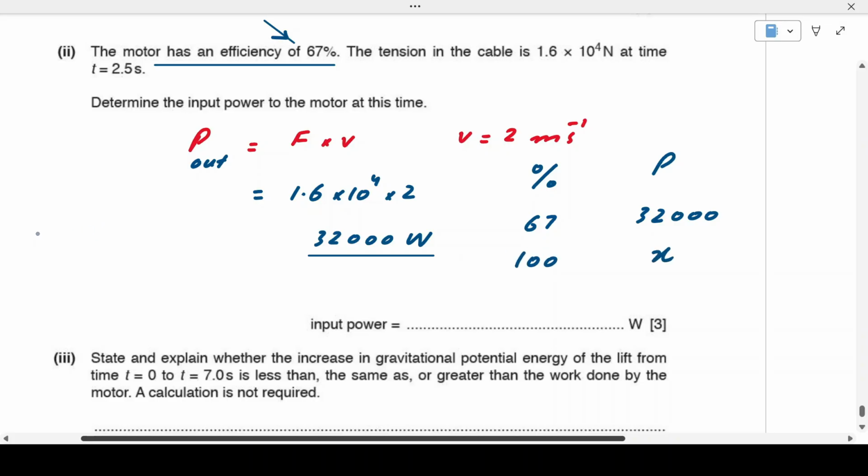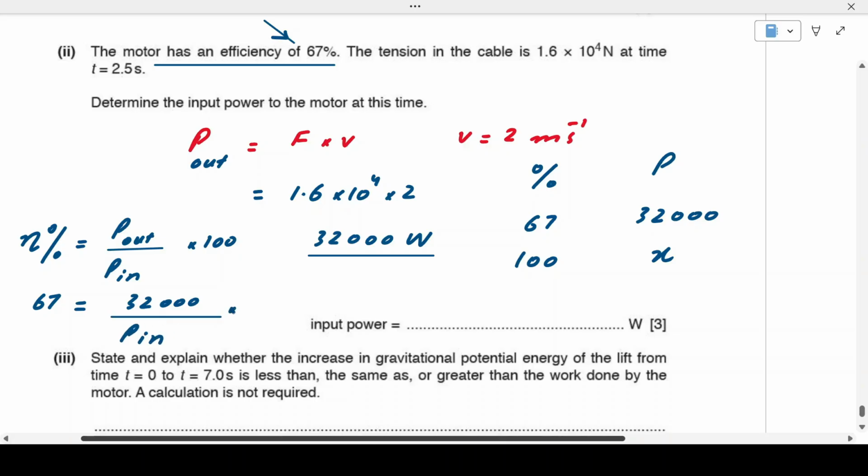Or you can also use the formula of power efficiency. Percentage efficiency equals P out divided by P in multiplied by 100. This one is given as 67. P out is 32,000. P in we don't know, multiplied by 100.